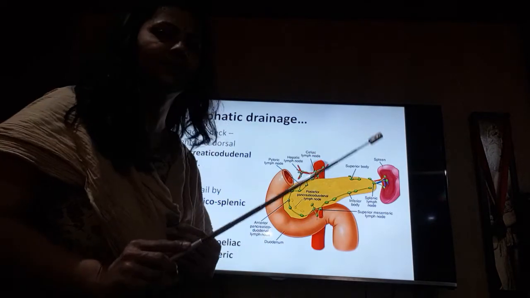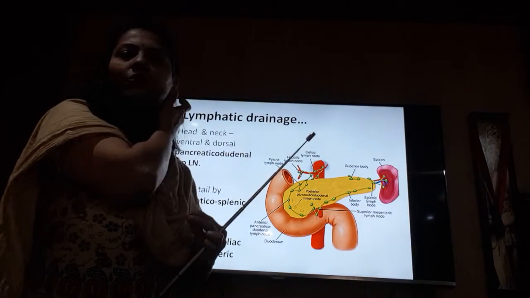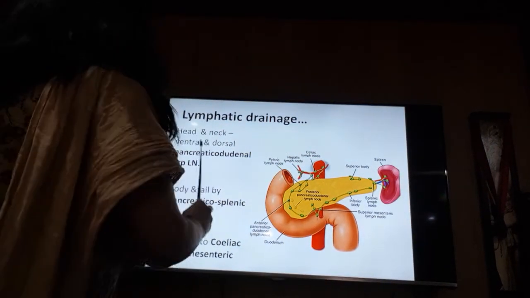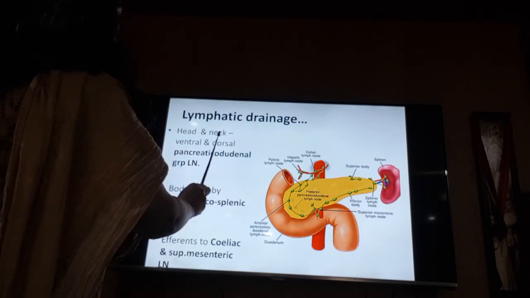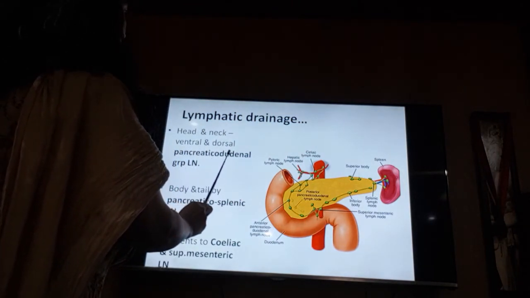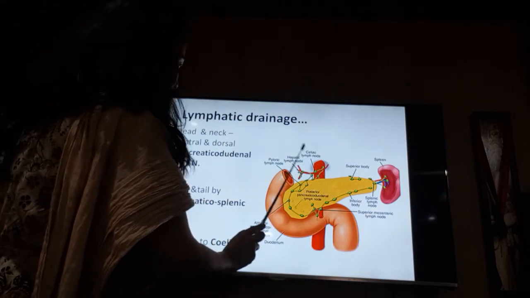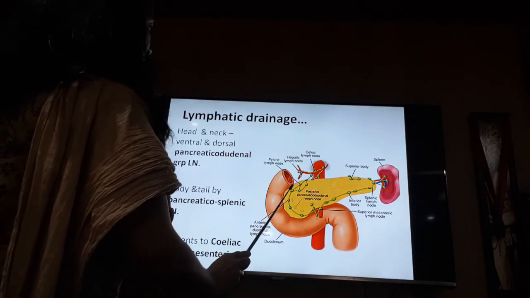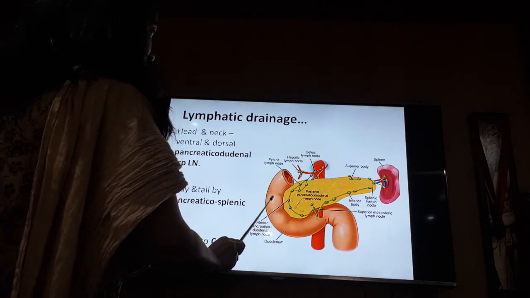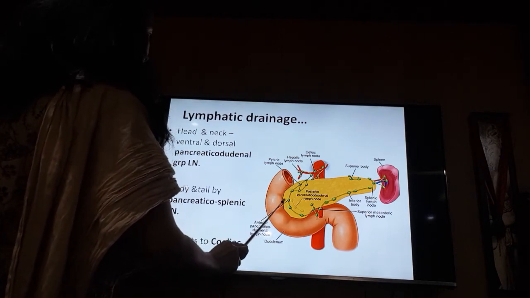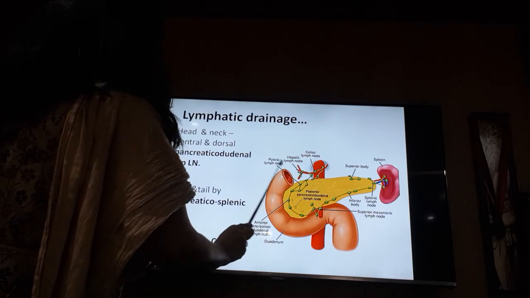Now let us see which lymph node is draining which area. Head and neck are drained by pancreatico-duodenal lymph nodes. This is the pancreas, this is the duodenum, so pancreatico-duodenal lymph nodes.